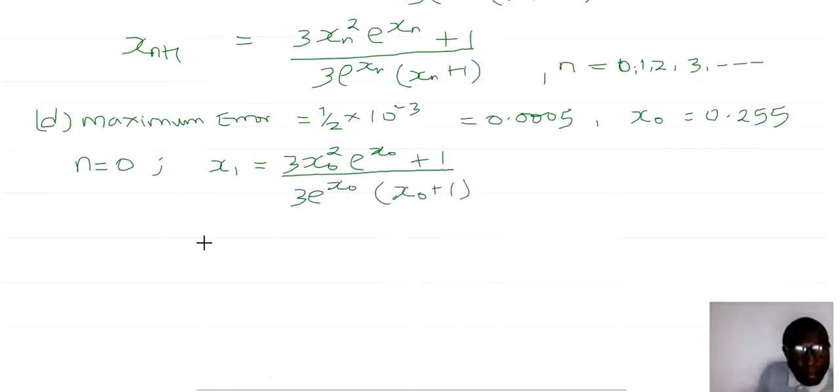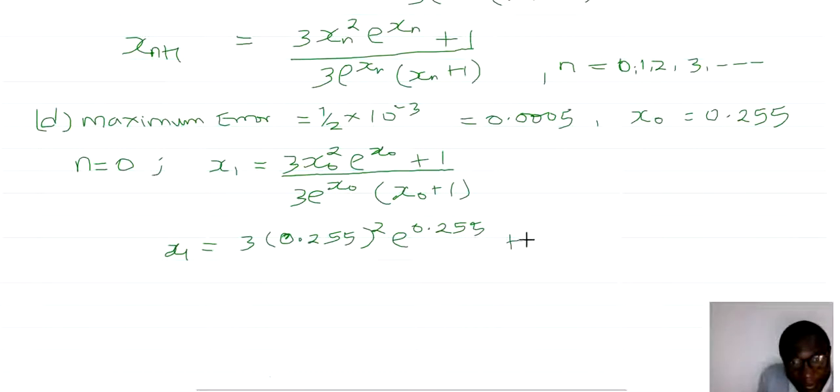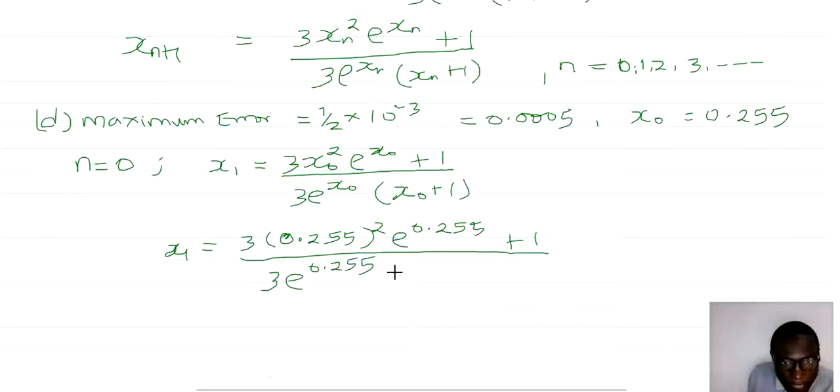Okay, now what is x naught? X naught is here, we computed it. So we shall have x1 being equal to 3 into bracket x naught, which is 0.255 squared exponential 0.255 everything plus 1 over 3 exponential 0.255 into bracket 0.255 plus 1.